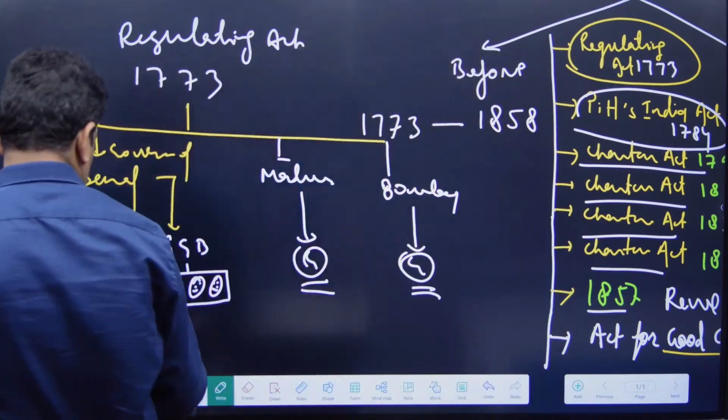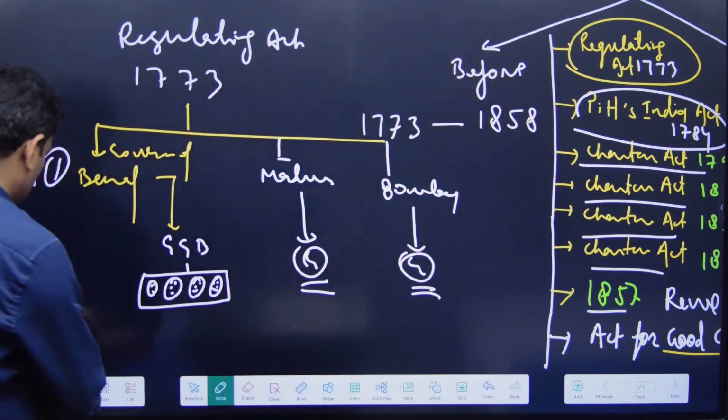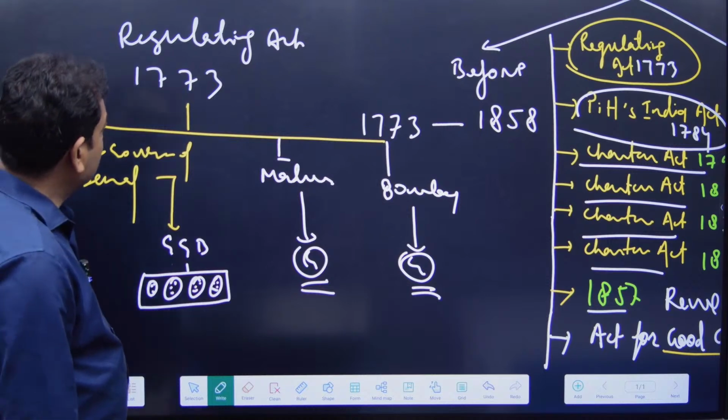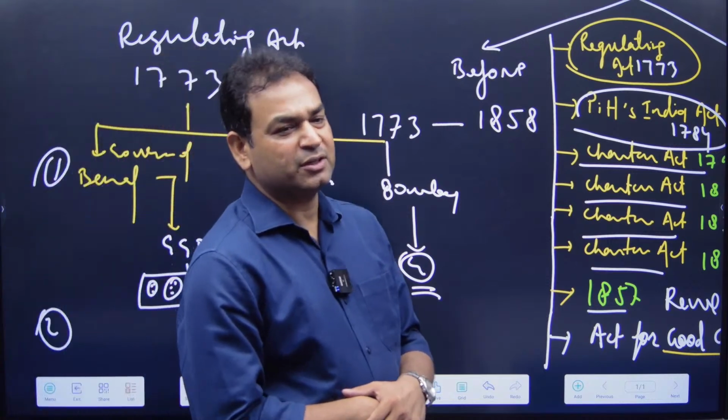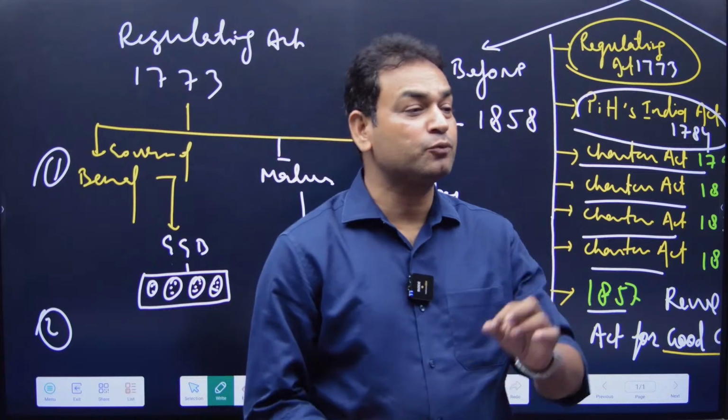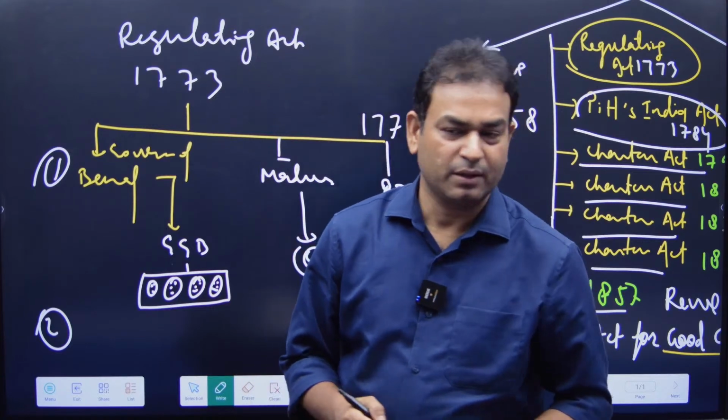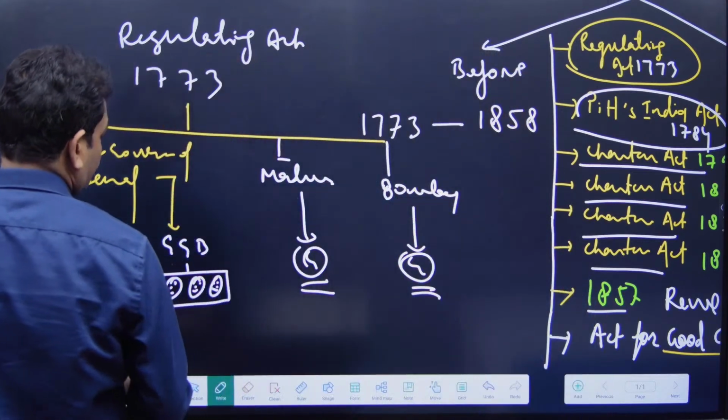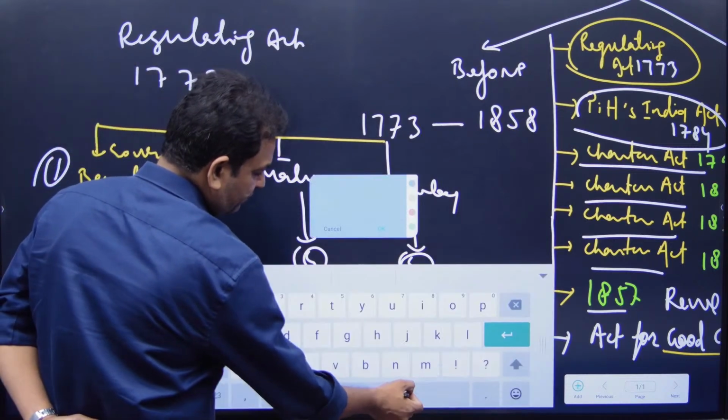Second point, what happened? The Regulating Act 1773 provided for establishment of a Supreme Court in Calcutta.